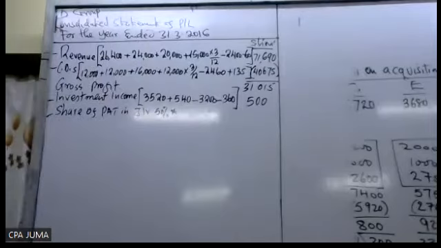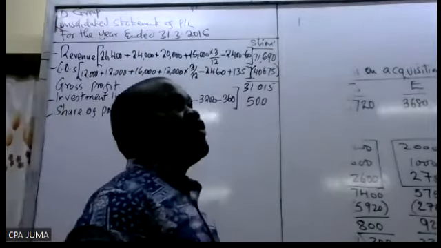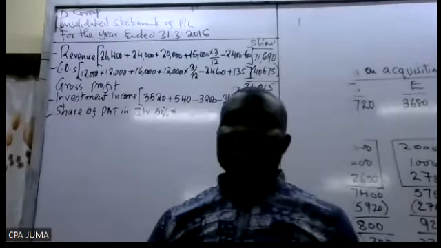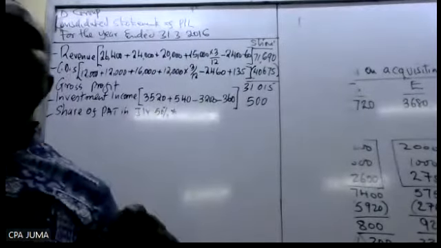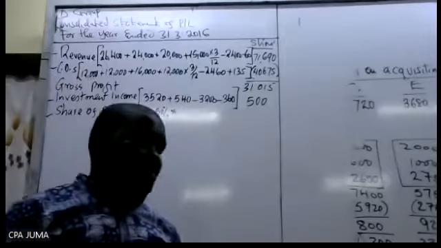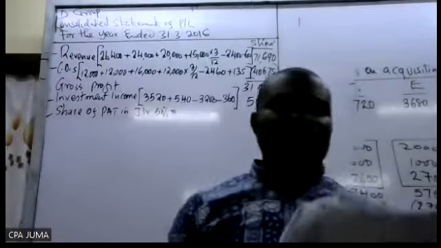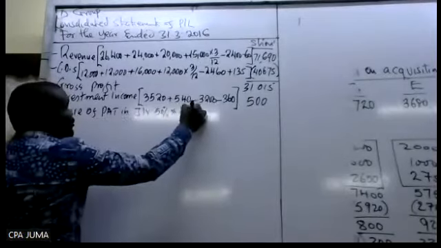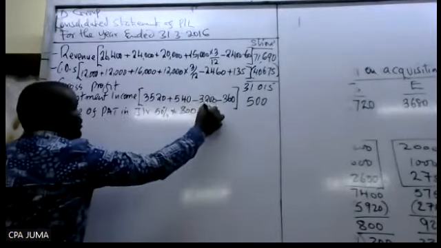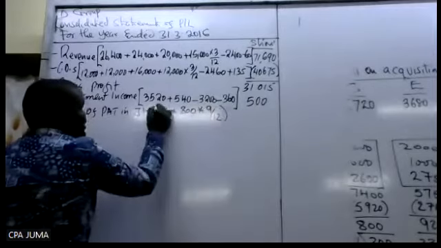So joint venture, we don't consolidate for them. Instead, we consider profit after tax. So what was the profit after tax of that company A? The PAT was 800. So parent will take 50% of 800. But for how many months? How many months? 9.